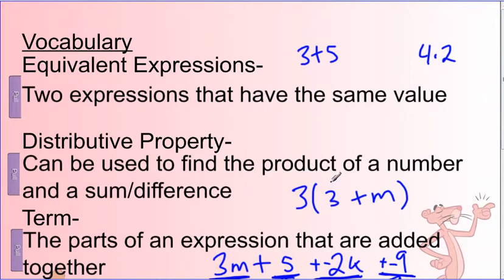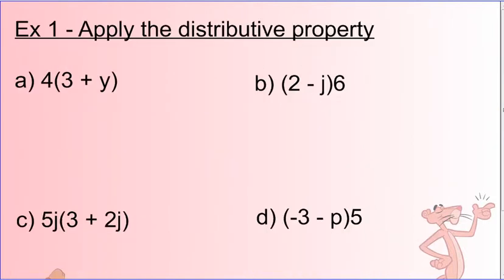And definitely distributive property. This guy, not so much. He's not as important. It's good to know what it means, but it doesn't have an application, a practical use throughout the lesson. So let's go ahead and get through some of these problems.